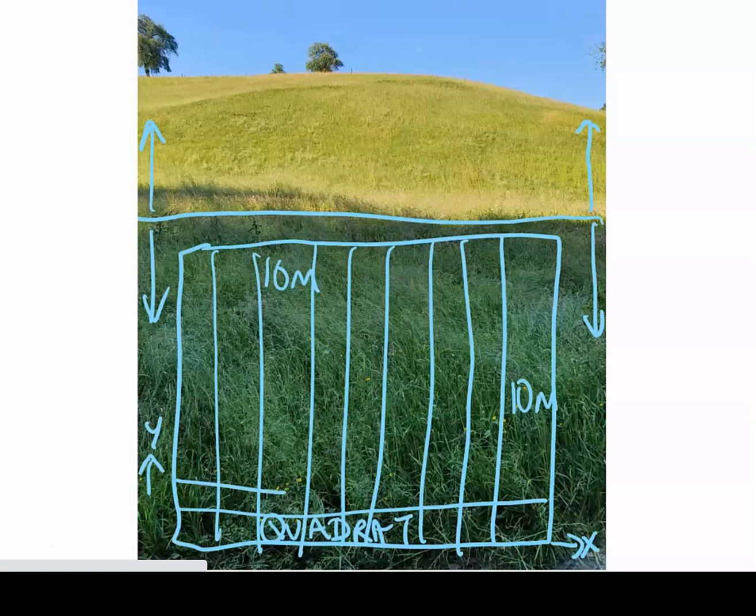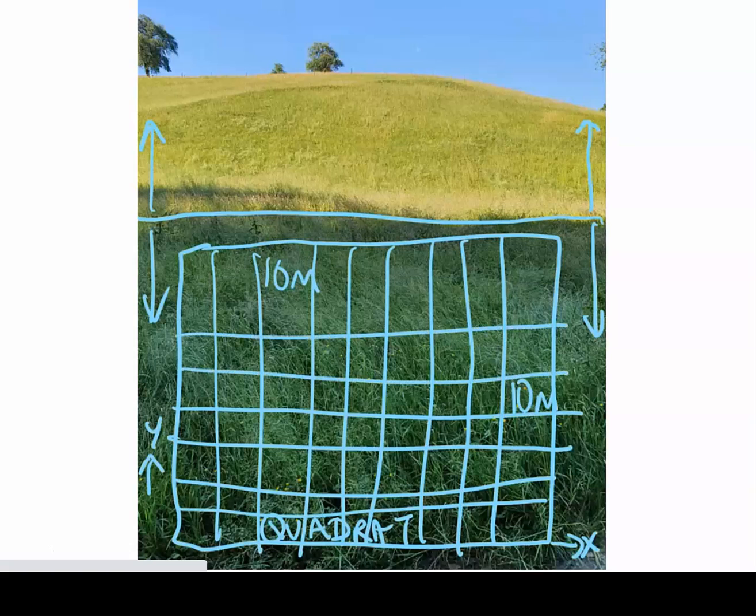And so here we're dividing this into a grid, and we would divide it into a 10 by 10 meter grid. I'm sure that this isn't a 10 by 10, but for argument's sake, it's a 10 by 10 meter grid.